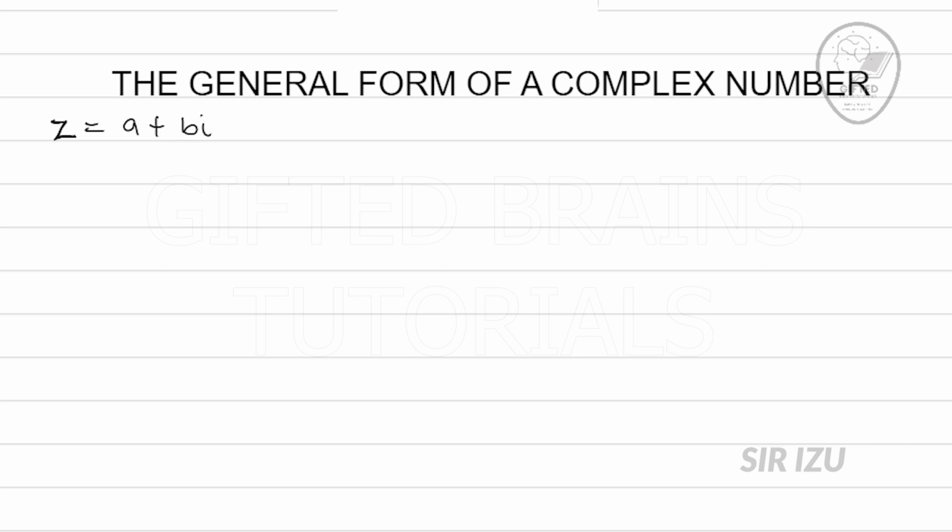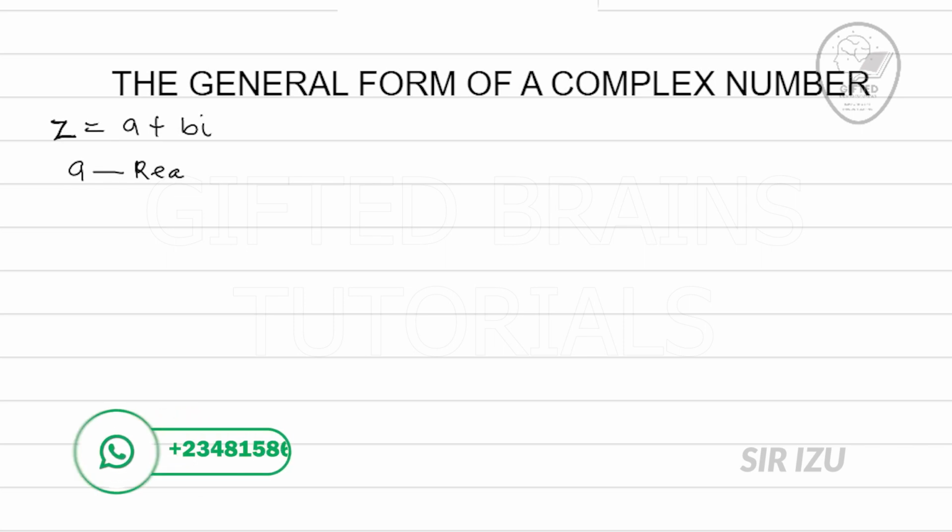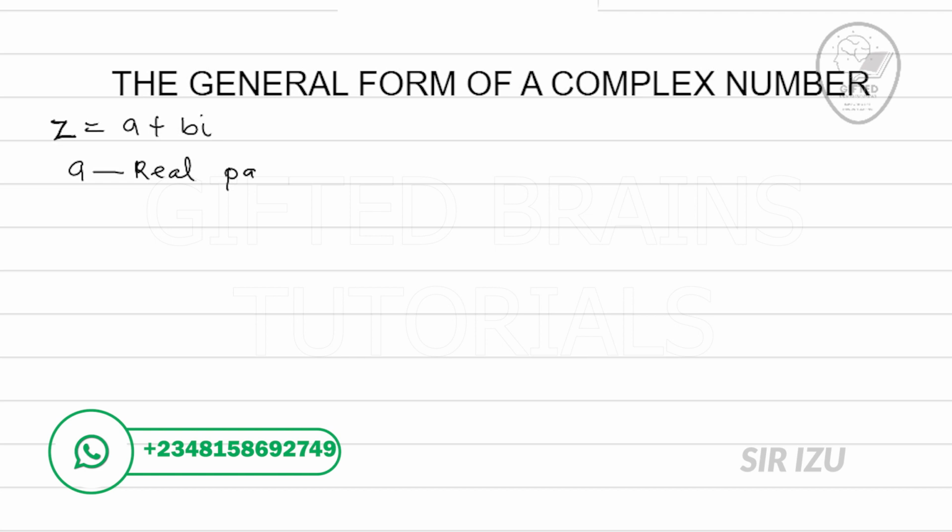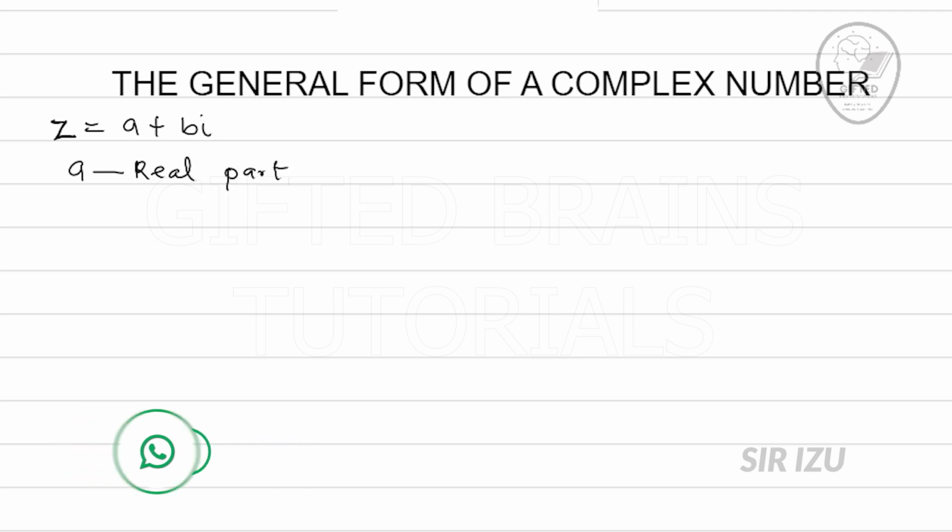Take note that the a is called the real part. That's the part that has only a real number. And then the b is called the imaginary part.